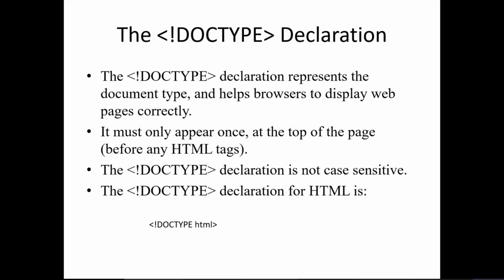So doctype HTML must be your first command. The doctype declaration is not case sensitive, and the declaration for HTML is doctype HTML. This must be the very first line on the web page.